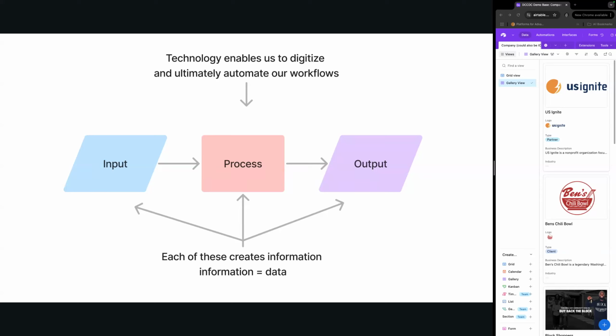By identifying the inputs, we can make sure each step has what it needs to move forward. The process is what transforms the input into desired outcomes. Breaking down each step helps us see the flow of work, spot issues, and find opportunities to simplify and automate tasks. And finally, output is the final result we want from the workflow. Knowing the output helps us measure success and make sure each step is working towards our ultimate goal.